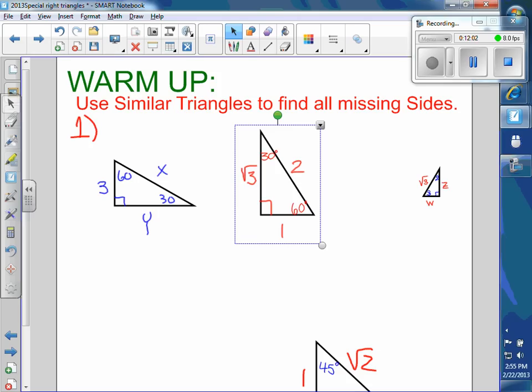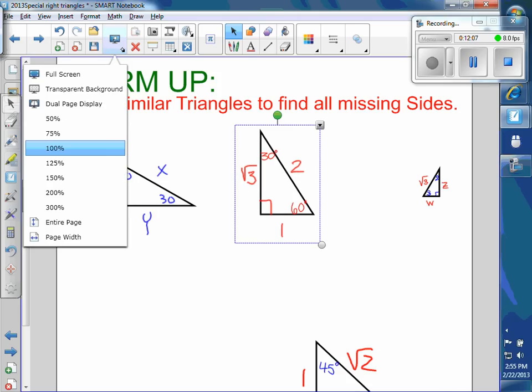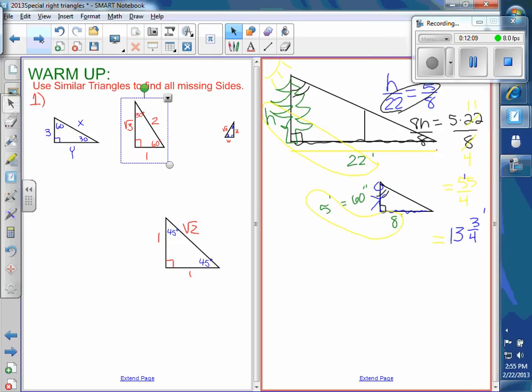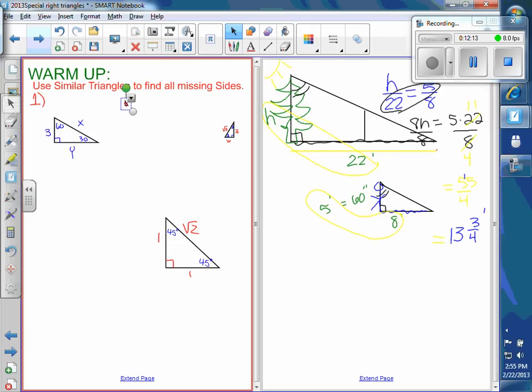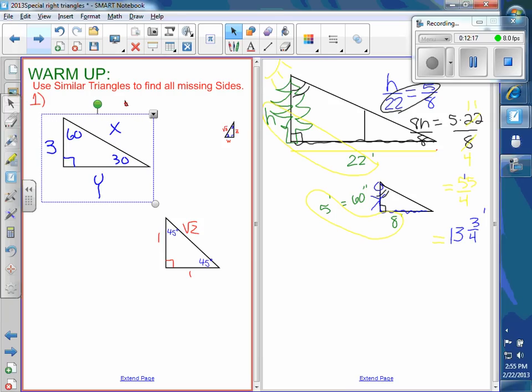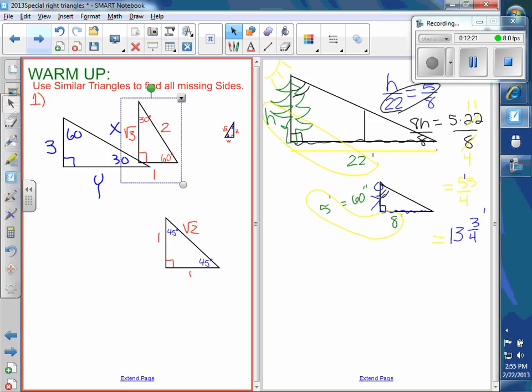Because it's memorized. So, unlike last year, where they gave you 2 triangles to work with, in this case, they're going to give you 1 triangle, but because this 1 triangle is a 30, 60, 90, you're going to think of this triangle.